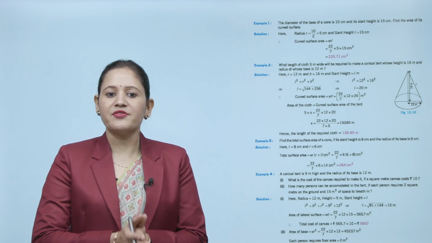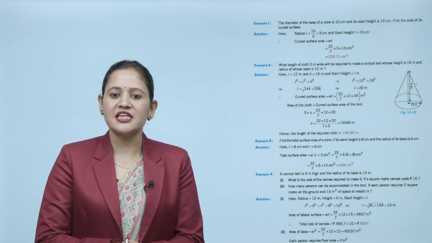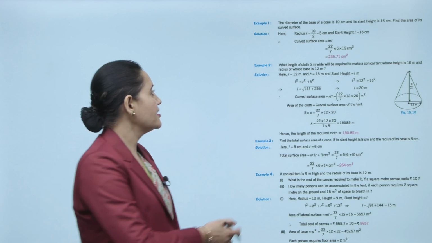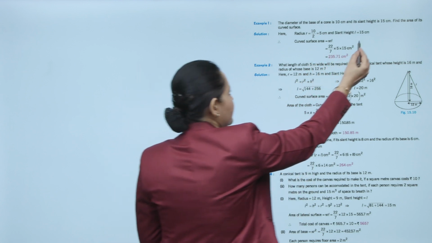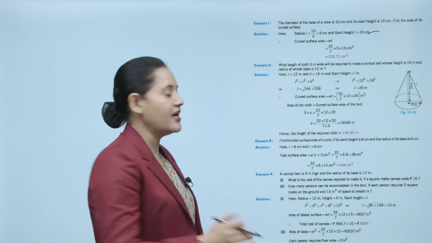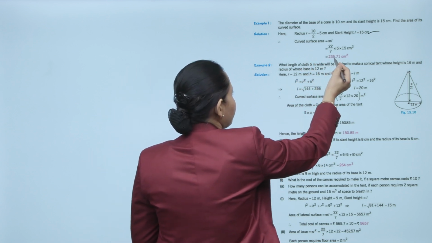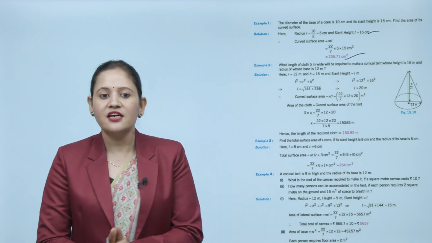The diameter of the base of the cone is 10 centimeter and the slant height is 15 centimeter. Find the area of its curved surface. So the radius will be 10/2, 5 centimeter. Slant height is given, that is 15 centimeter. So curved surface area will be pi r l. 22/7 into 5 into 15, that is 235.71 centimeter square. That is our curved area.